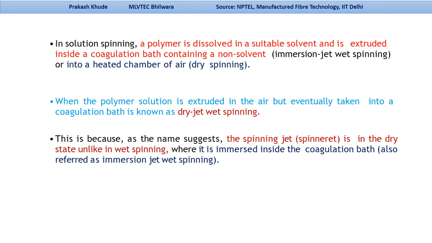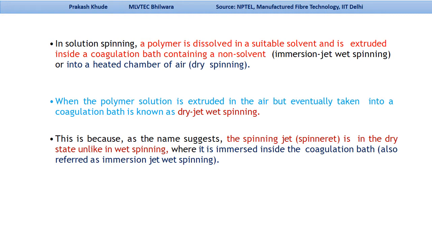In dry spinning systems, the polymer is dissolved in a suitable solvent and is extruded into the coagulation bath containing the non-solvent, or, in the case of dry spinning, with the help of hot air. So in both these systems the solvent is removed, either by chemical means in a chemical bath, or by evaporation with hot air.